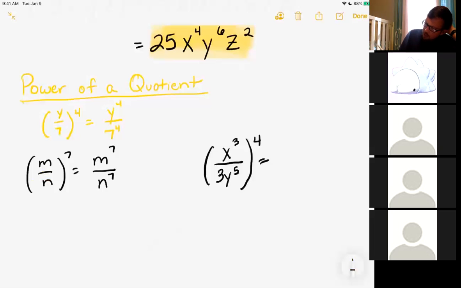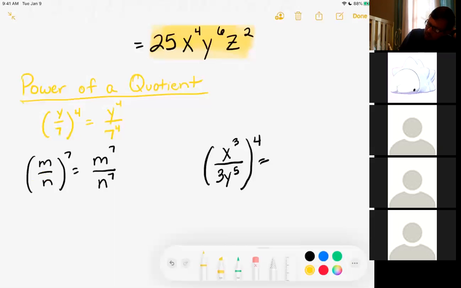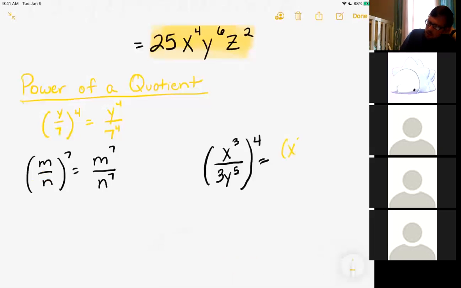So everything in the parentheses is going to get that exponent. So this is going to be x cubed to the 4th power on top. On the bottom, I will have 3 to the 4th power, and I will have y to the 5th to the 4th power.